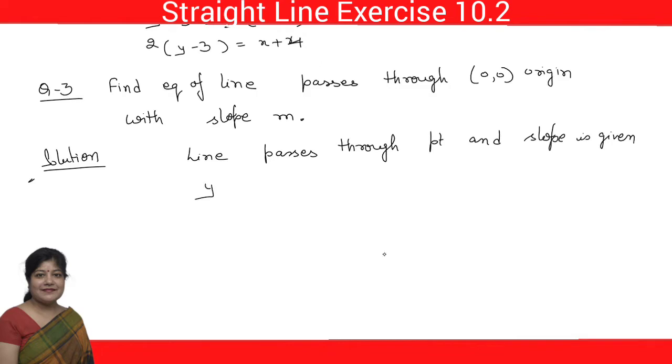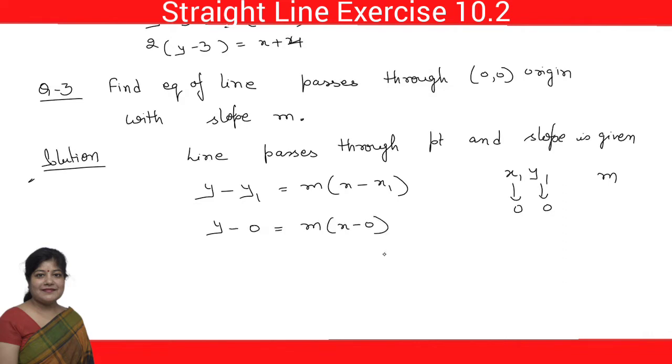So we have the equation y minus y1 is equal to m into x minus x1. Now here x1 is 0 and y1 is 0, and slope is m. So I substitute every value. So we have y minus 0 is equal to m into x minus 0, which is y is equal to mx. This is the required answer.